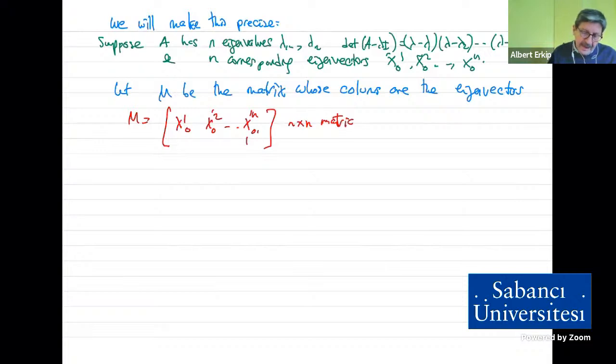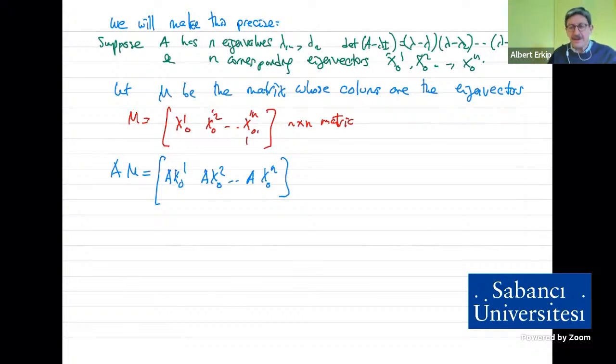And if you multiply A times M, what would that be? Well, if you think of matrix multiplication, this would be A times x_{0,1}, A times x_{0,2}, up to A times x_{0,n}, because you take each column and multiply by the matrix A. But A times x_{0,1} is lambda 1 times x_{0,1}, this one is lambda 2 times x_{0,2}, and this one is lambda n times x_{0,n}.